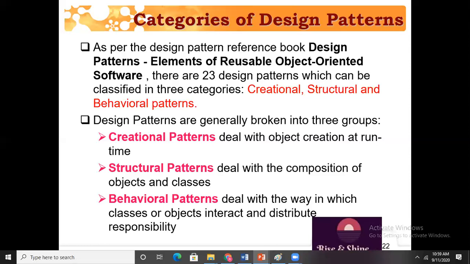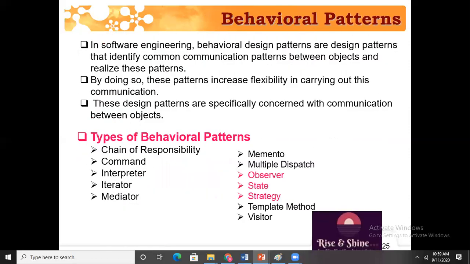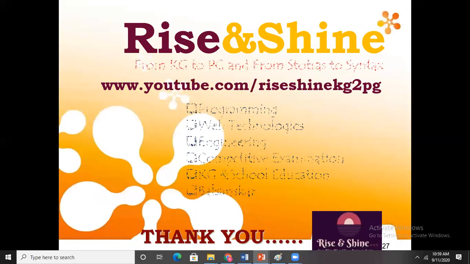This term came into existence after 1995 through the book by the Gang of Four. According to the Gang of Four, design patterns can be classified into these three categories. In our next video, we will see these three categories in more detail.